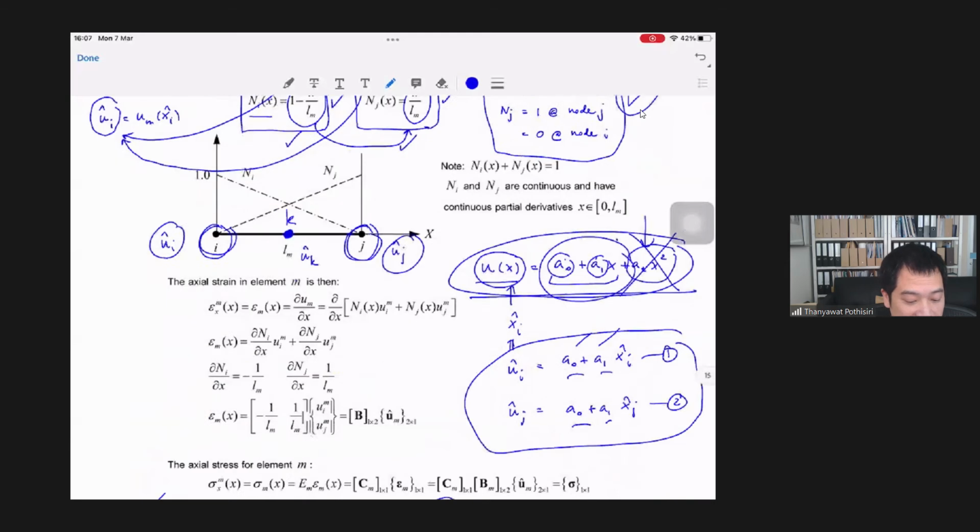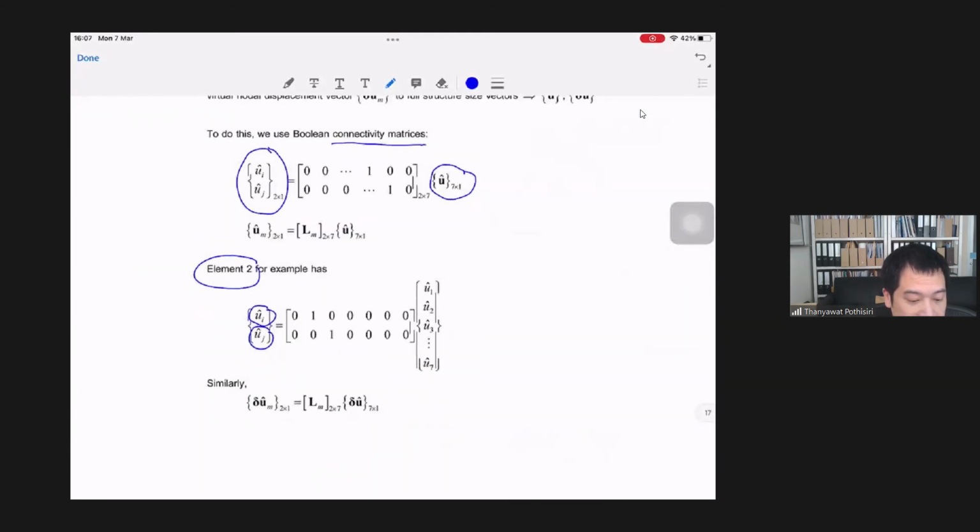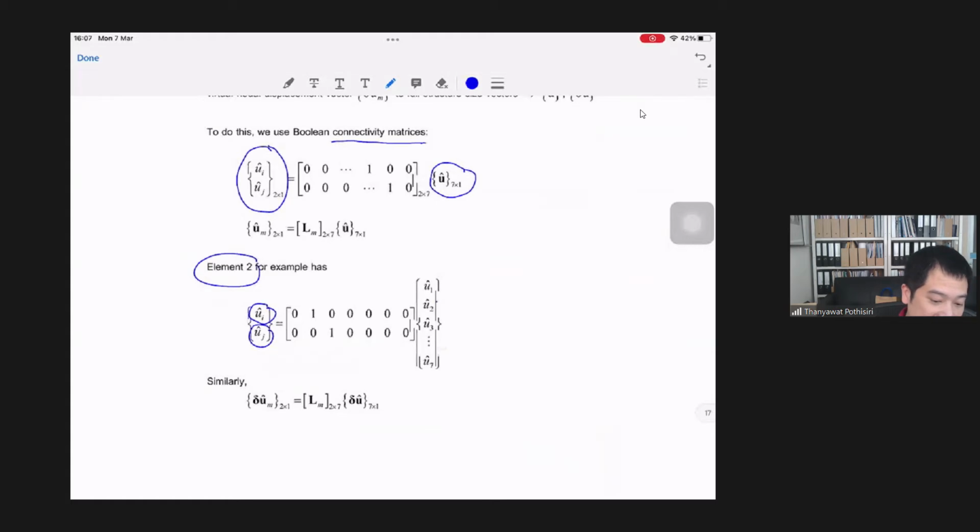So you can write something like this, to match with u2 and u3 of the structure by using this connectivity matrix. So û_i would match with u2 of the structure, while û_j would match with u3 of the structure.